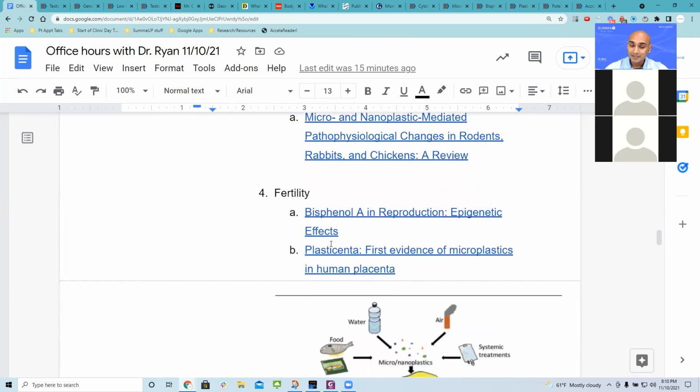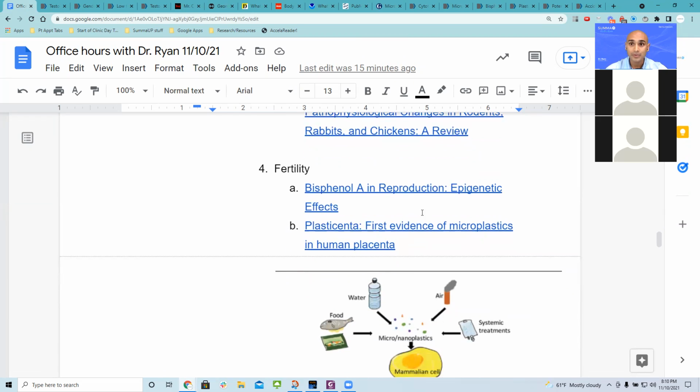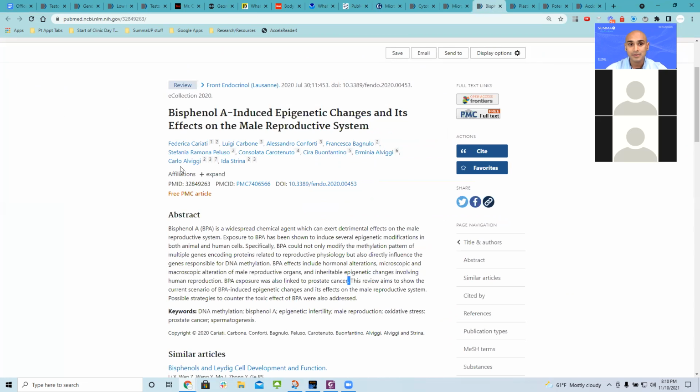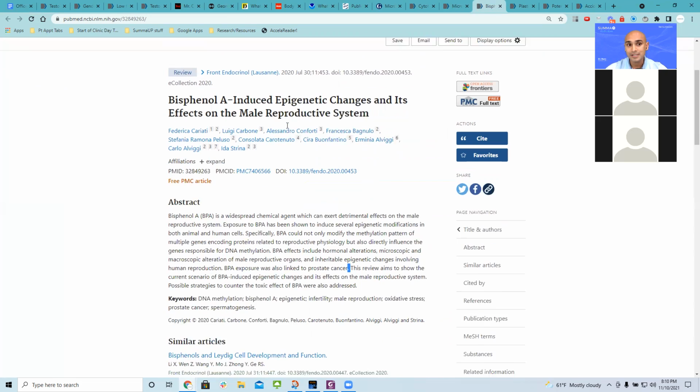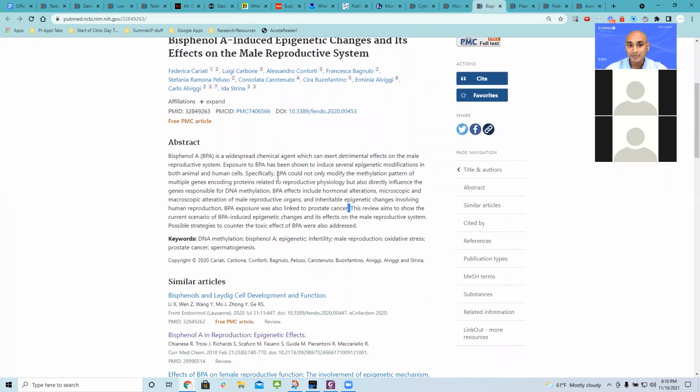Well, fertility is where we're really concerned about microplastics having an effect, right? We do know already that BPA has an effect on reproduction. This particular article was published in 2020 and looked at how BPA was linked to prostate cancer and can also cause hormonal alterations of male reproductive organs.